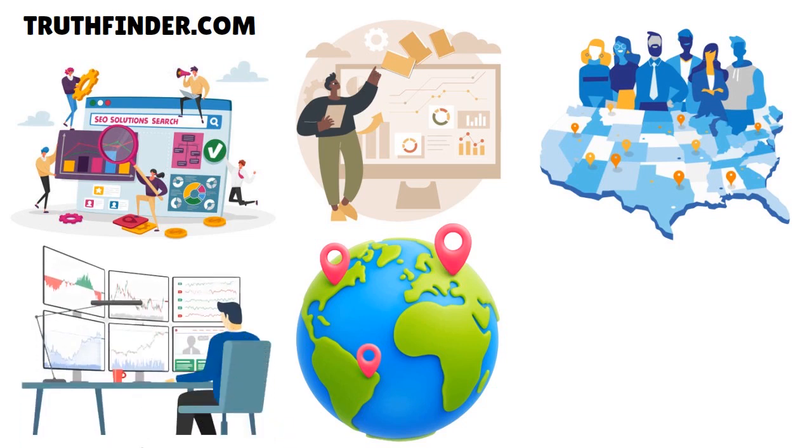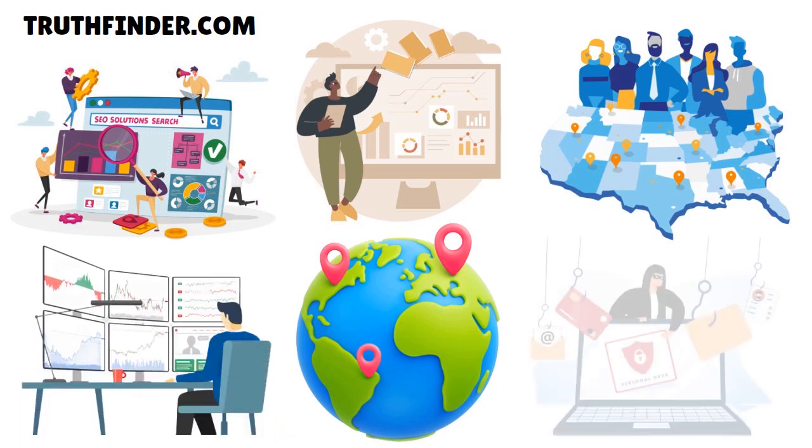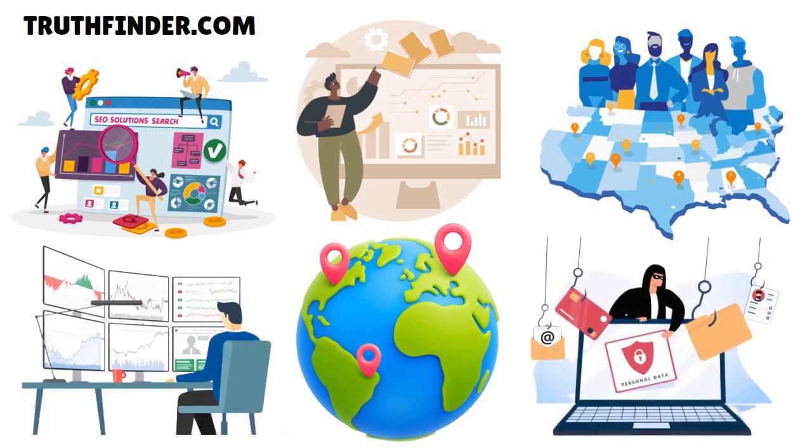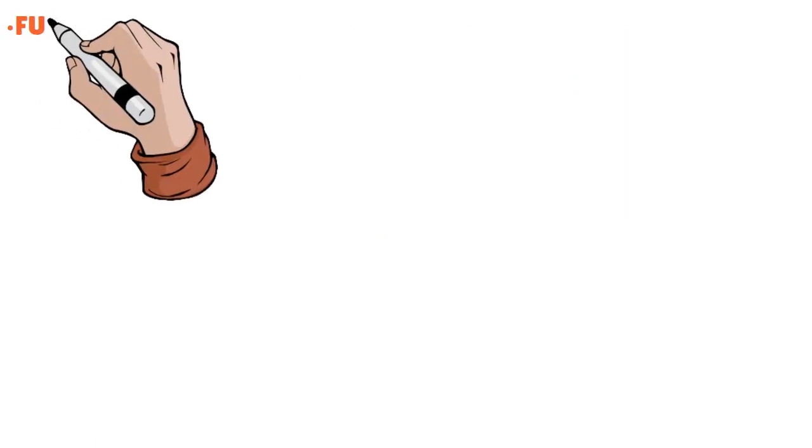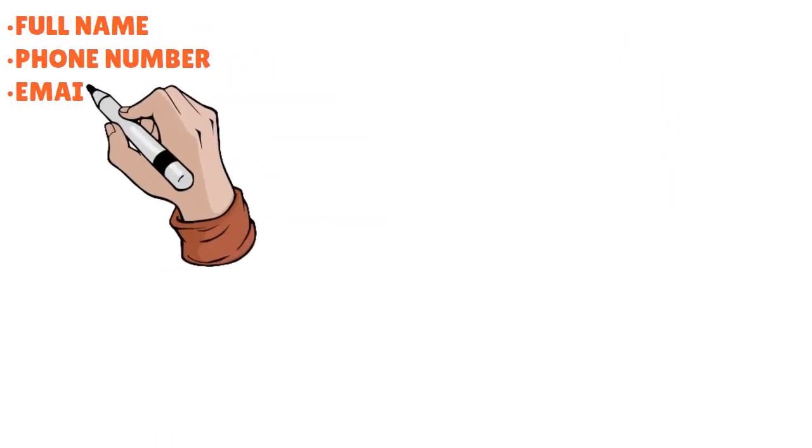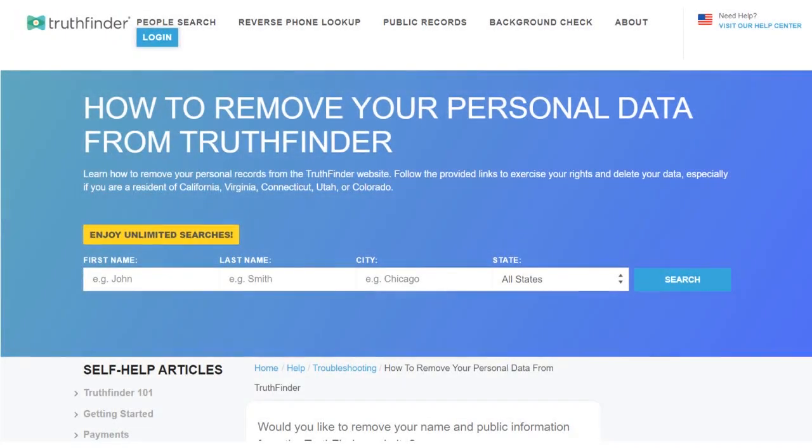Anyone from telemarketers and government agencies to potential scammers can use this service to run background checks on you by searching for your full name, phone number, email address, or home address. People search websites like TruthFinder not only present a privacy risk, but, and this is a big one, they can also threaten your safety online.